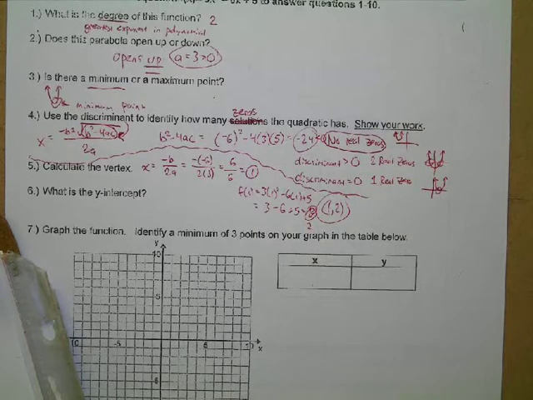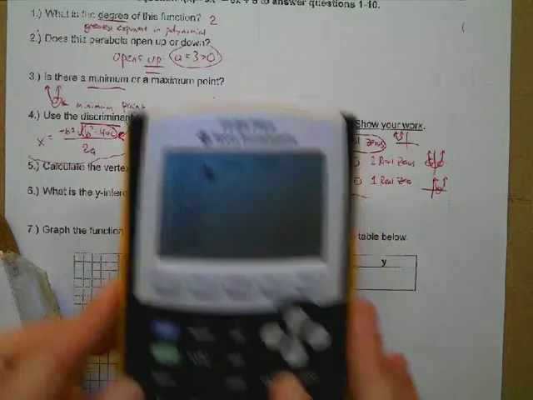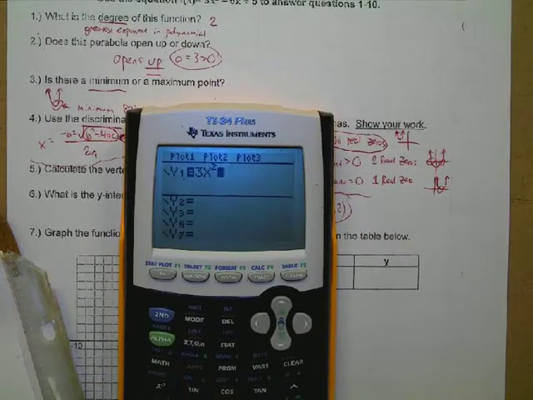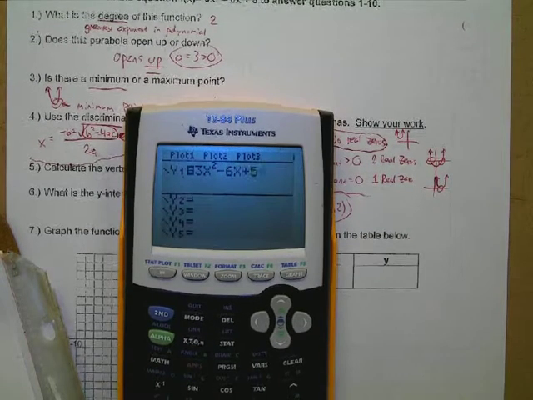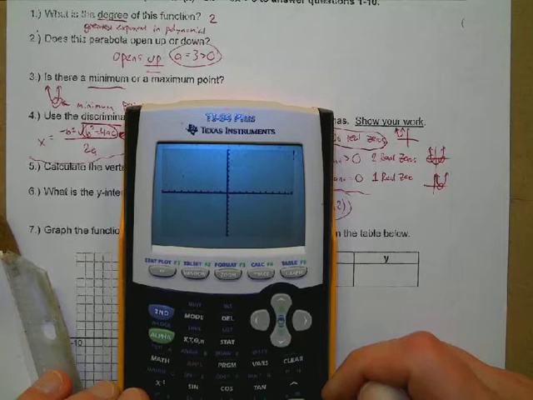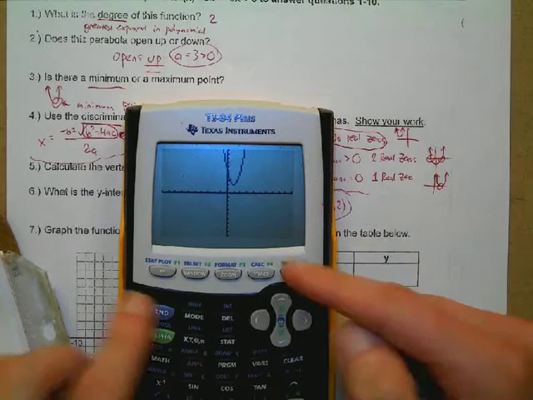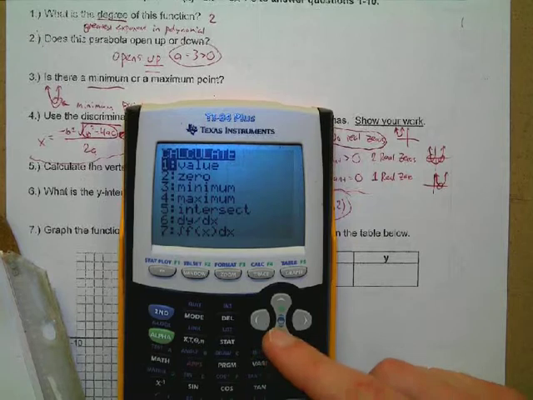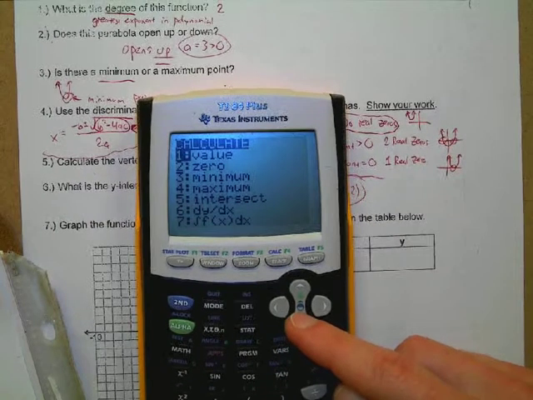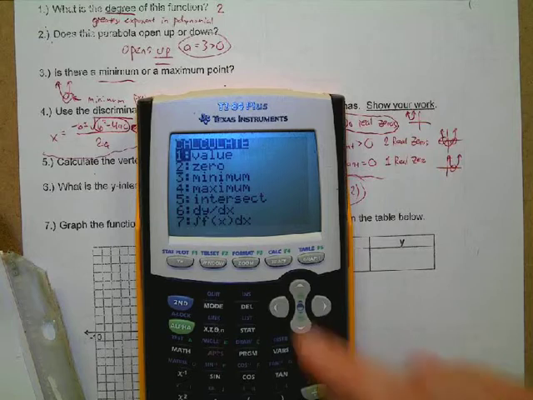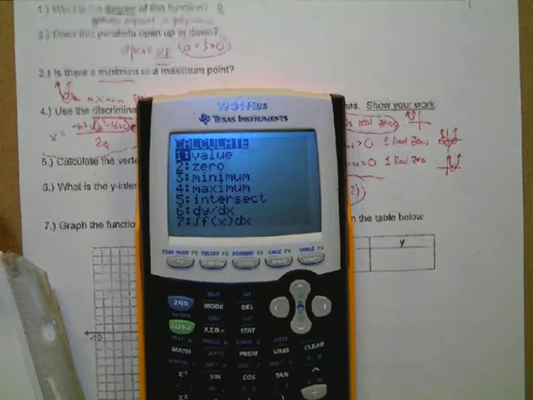Yeah, so another way you could do this is just graph this thing, right? 3x squared minus 6x plus 5. So there's the vertex right there. What command do we want to use here to find the vertex?